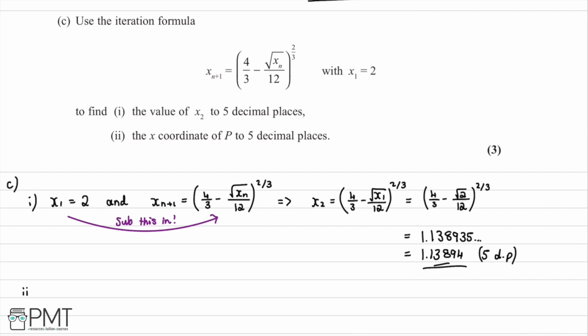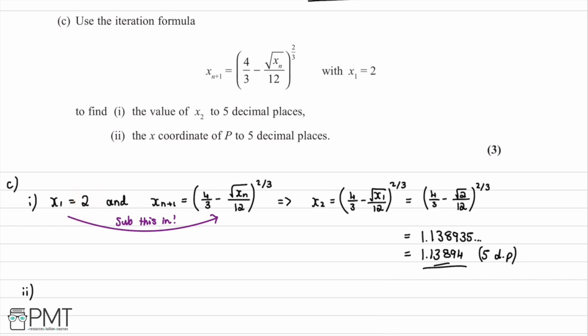And then for part 2, we're asked to find the x-coordinate of p to 5 decimal places. So what we can do is take this iteration formula on our calculator, which we've just plugged in, and then, rather than manually typing this number in, we can replace xn. So in our case, we just used 2. We're going to replace that with answer.